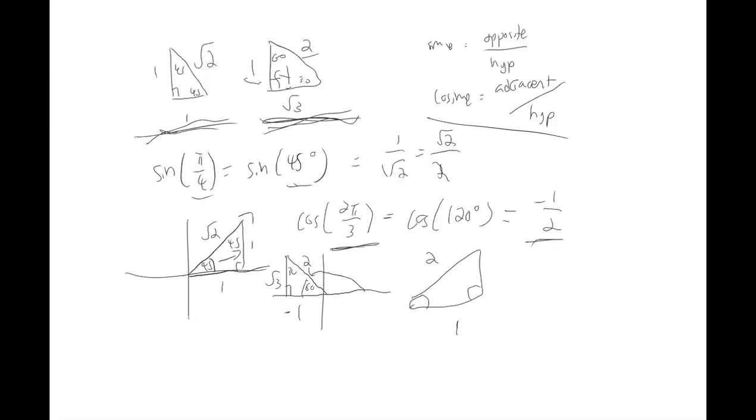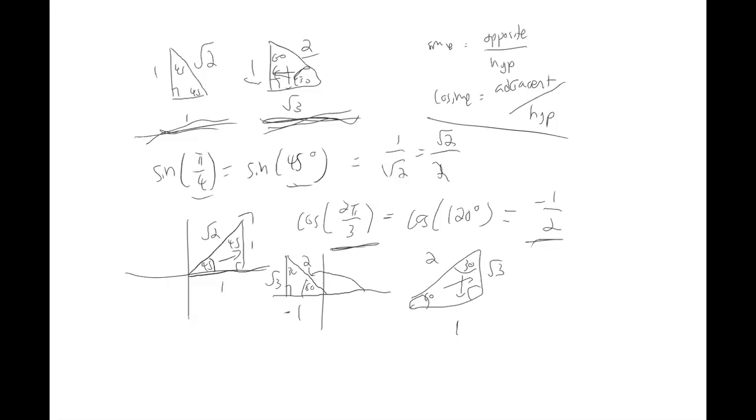And always remember, what does the 1 correspond to? It's the opposite of 30. The opposite of 30 should be 1, and then the opposite of 60 is √3. So you see here that when you take cosine of 60, it's a half.